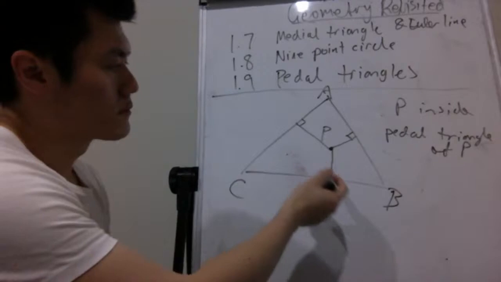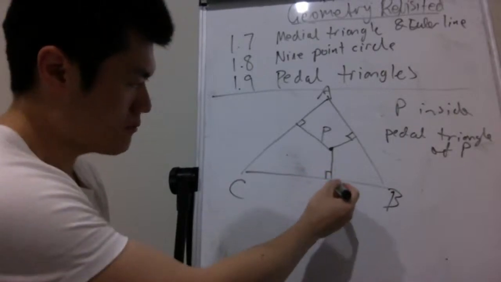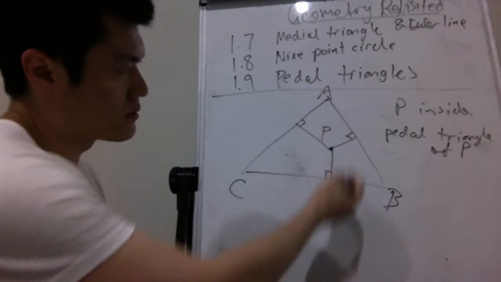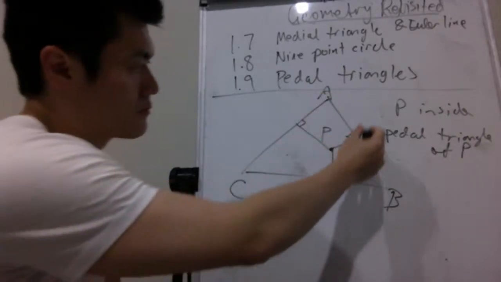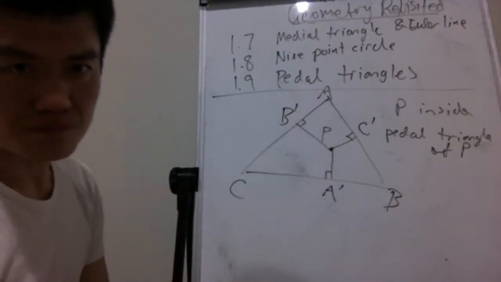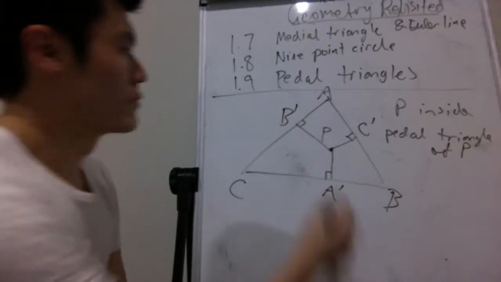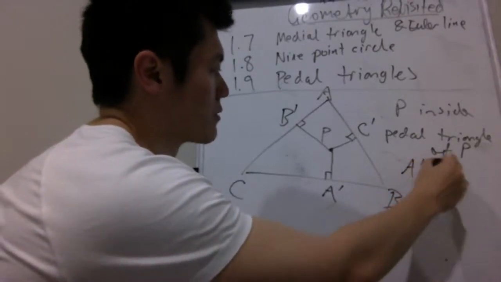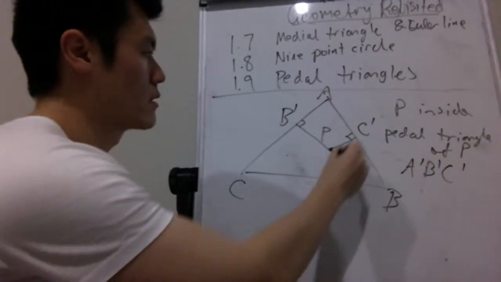You might want to label these. So A prime is the one opposite A, C prime the one opposite C, and B prime the one opposite B. And the Petal Triangle is just A prime, B prime, C prime.